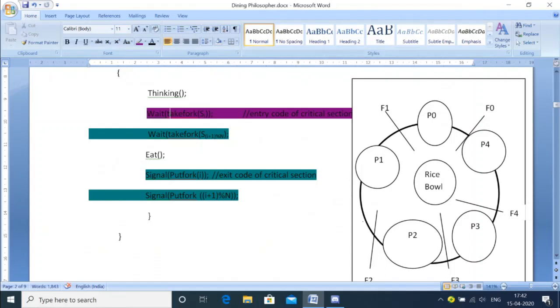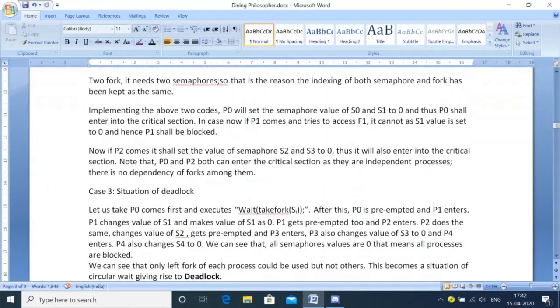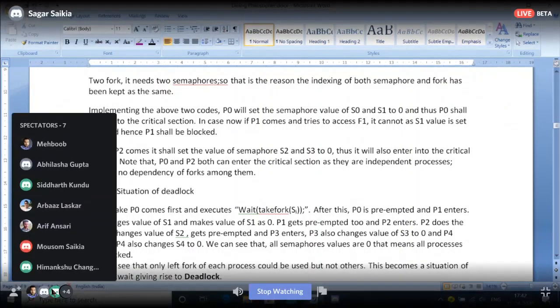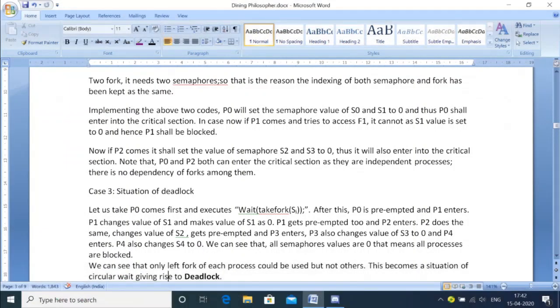Now the moment it could go to the next statement, some preemption took place. This preemption can be for many reasons. Let's say some interrupt took place, or a higher priority process came, so P0 had to be stopped and control had to be given to P1. So P0 executed the first statement and got fork F0. Now P0 is preempted, and P1 enters the scene.